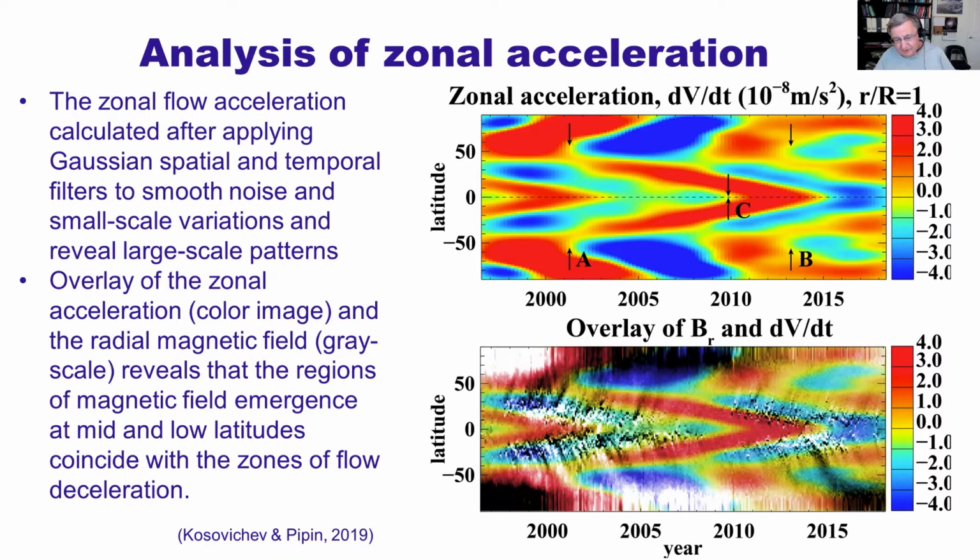So this raises the idea that if you look at variations of zonal acceleration in the convection zone, we can trace the magnetic field. We cannot measure the magnetic field directly, the signal is too weak, but maybe just by tracing this acceleration, we can learn about how the magnetic field is evolving in the solar interior.